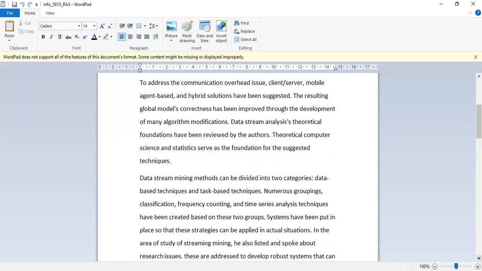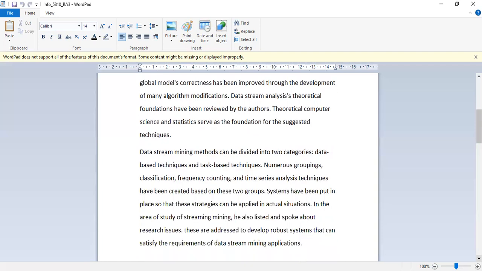And he also has listed and spoken about the research issues.